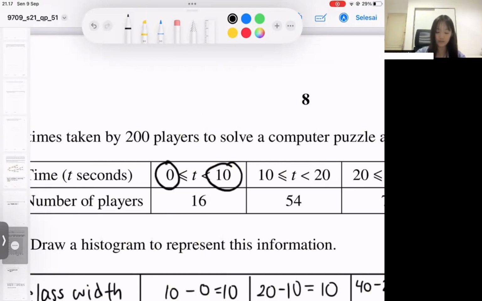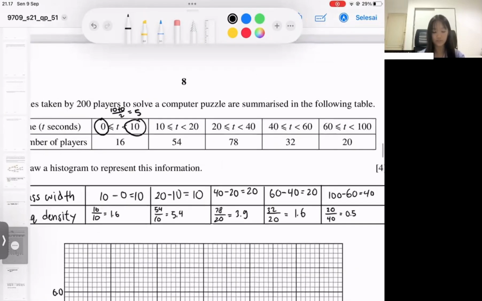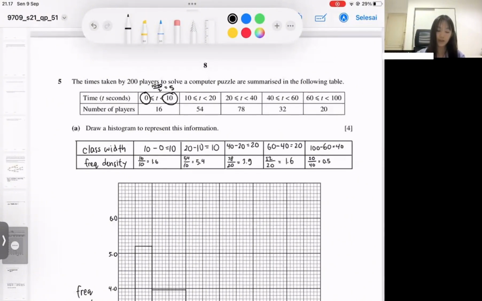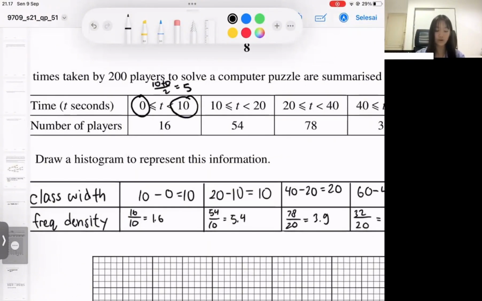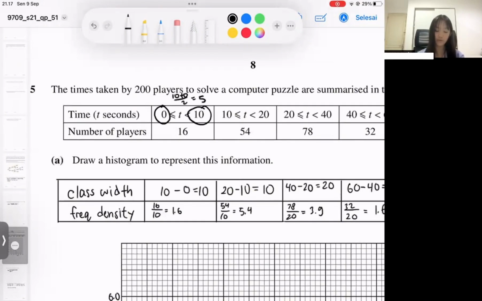So for example, this is 10 plus 0 divided by 2. So that means the mid value would be 5. After we find the mid value for all of these ranges, we just need to multiply each mid value by its respective frequency, or number of players. So for example, the mid value of time is 5. We multiply this with 16.